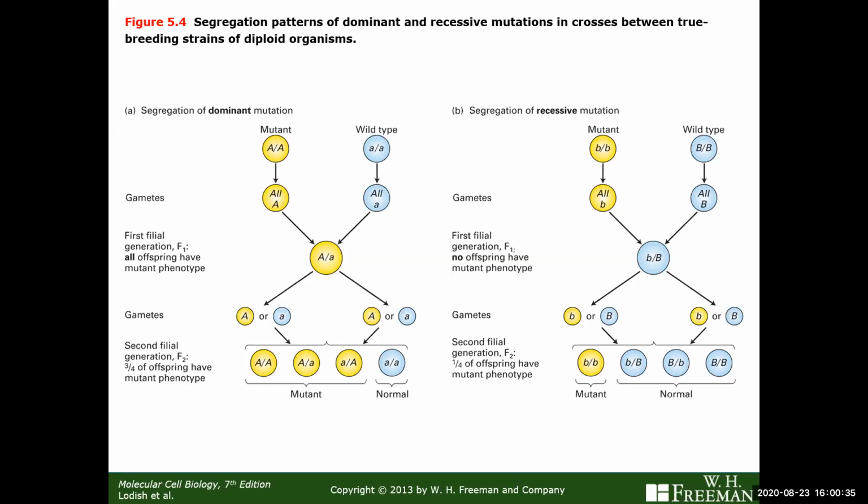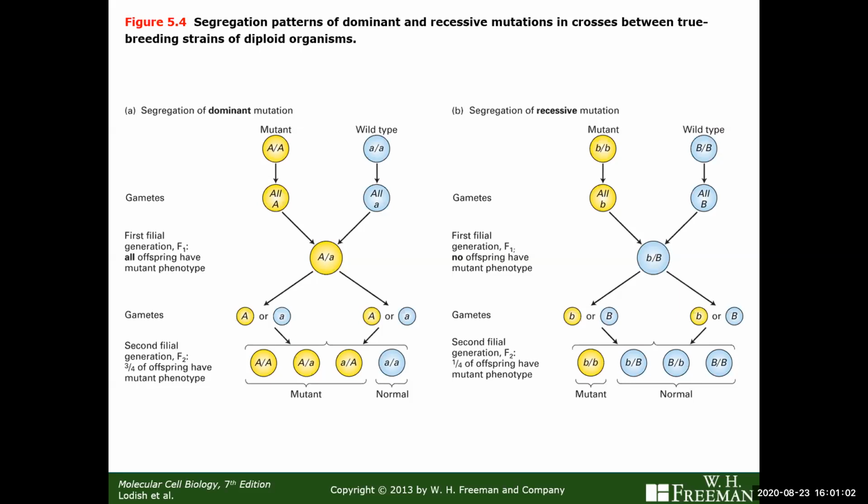Now, if these two gametes fuse to make a new offspring, the first filial generation of F1, or like in our case, it is the zygote, then it is getting one copy of the gene from the yellow gamete and one copy of the gene from the blue gamete.